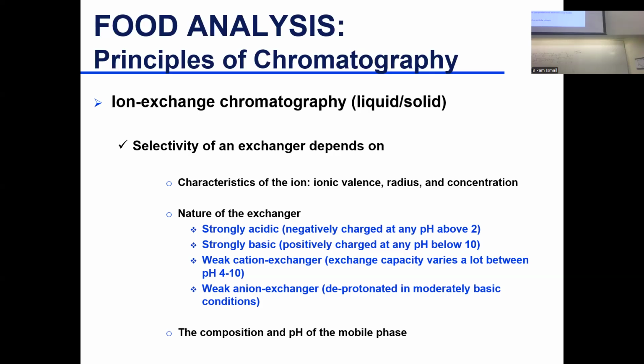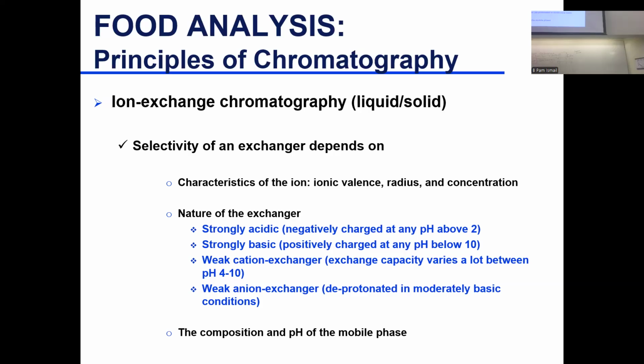So in this case, I can choose a strong acid. So that means strong cation exchange. By choosing a strong cation exchange, I'm going to hold on to these, and then this will elute, will not interact. And that's it. The story is done.